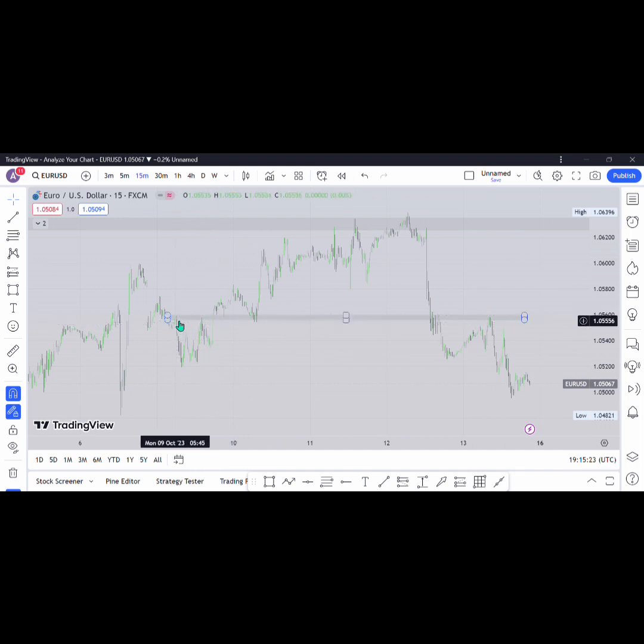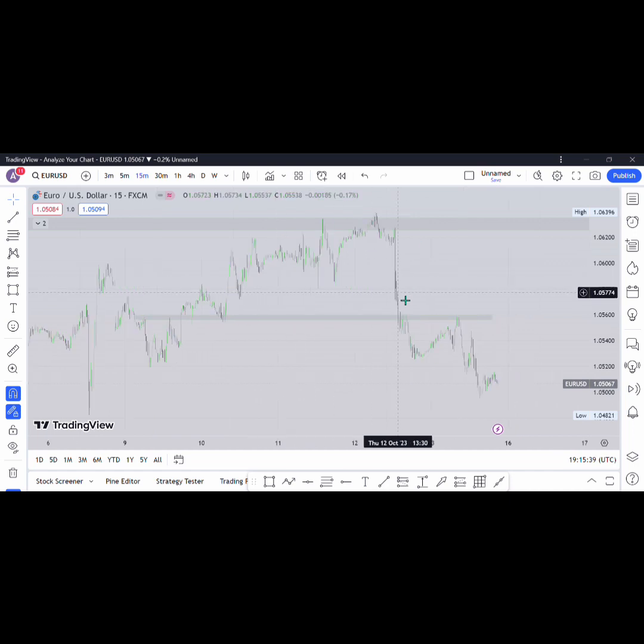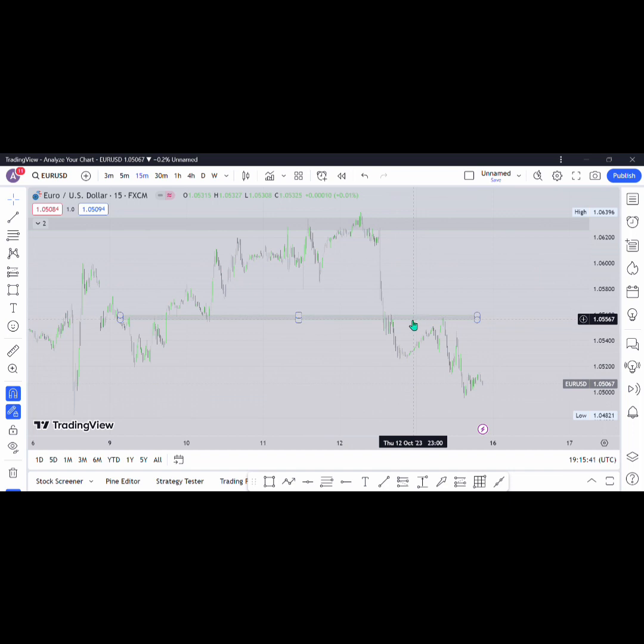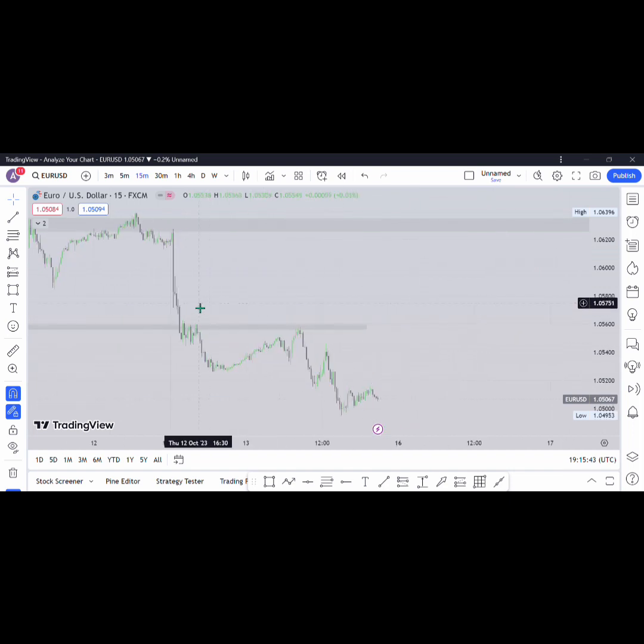Look at how price first touched, then a second touch, and then price broke out and came back to retest, pushed to the upside, and we have some kind of support around here. But I don't want to use that right now because I think this guy is already valid. It is valid. And seeing when price broke, it still retested back to this support, resistance, and check how it still came back to retest here.